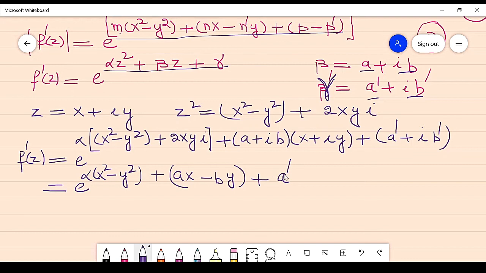So this constant can be written as a dash. So this equation can be written in this form, which proves the result. So that is our answer.